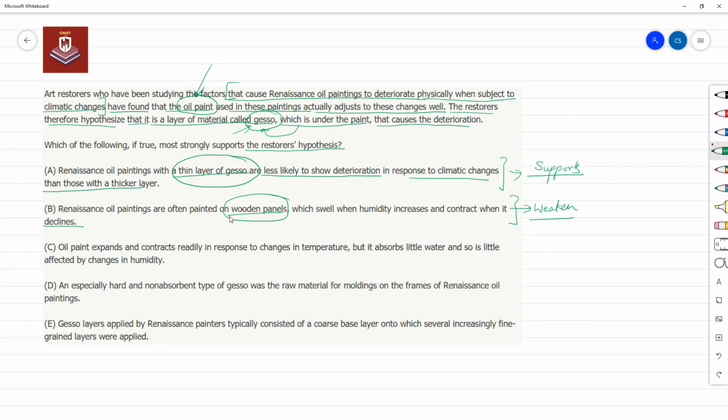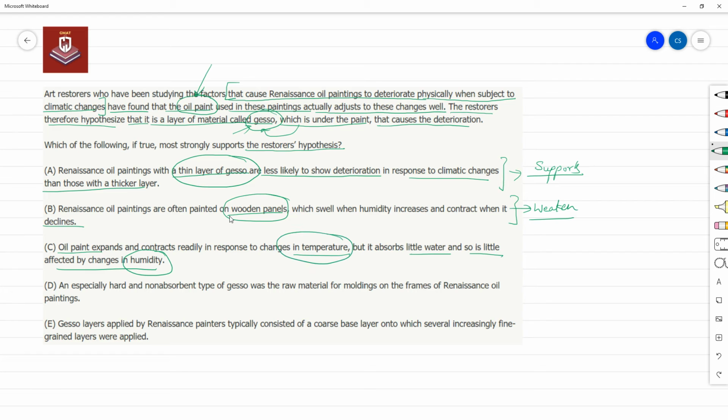Option C, oil paint expands and contracts readily in response to changes in temperature but absorbs little water, so is little affected by changes in humidity. So oil paint is expanding and contracting in response to temperature, which means it's not really adjusting to the climatic changes well, but it's not getting affected by humidity.